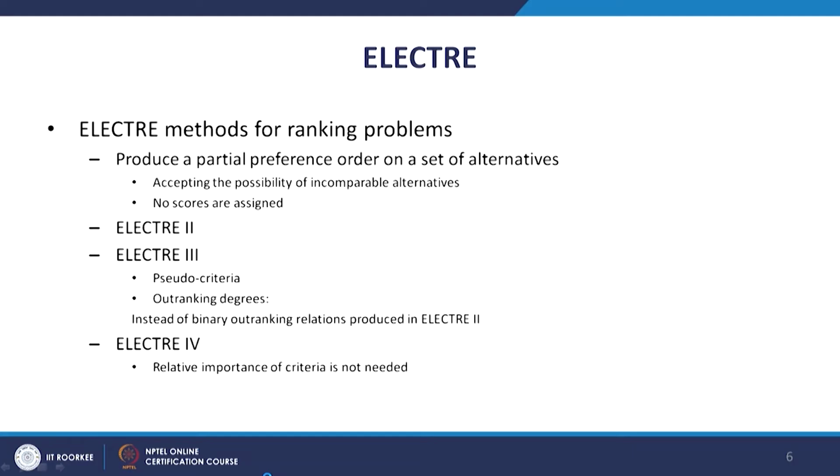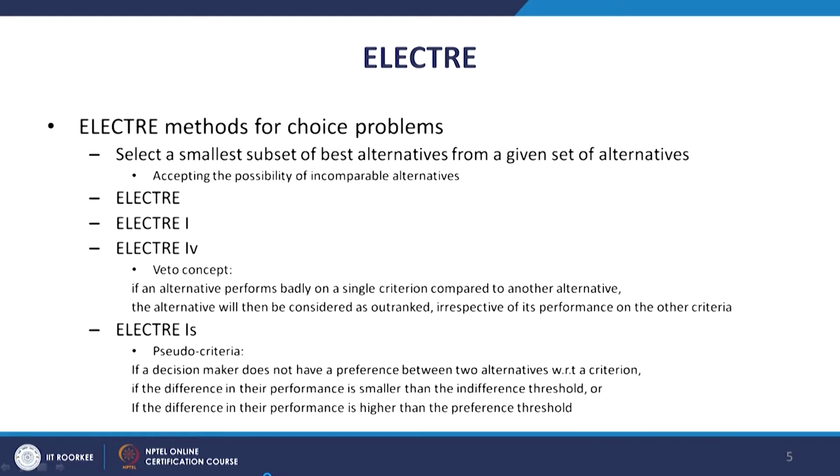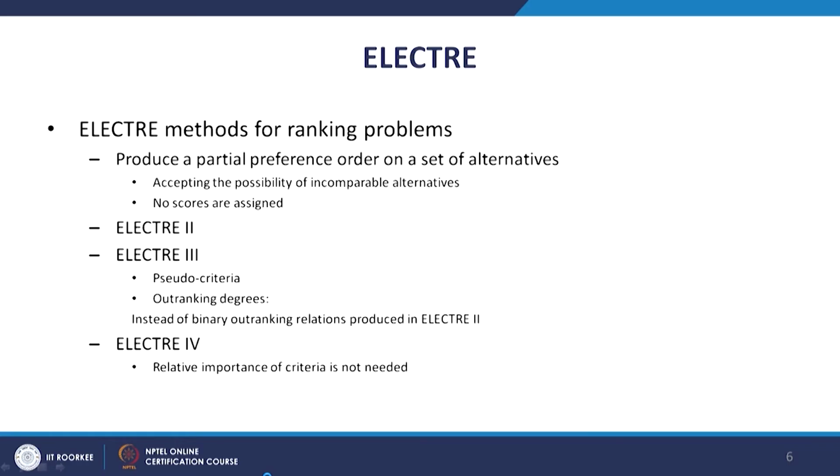The first one is ELECTRE II. If you can see in the previous slide, ELECTRE I was for the choice problem, ELECTRE II is for the ranking problem, and then ELECTRE III and ELECTRE IV were also for ranking problems. However, certain new concepts were introduced in ELECTRE III and IV, so let us talk about them in brief.